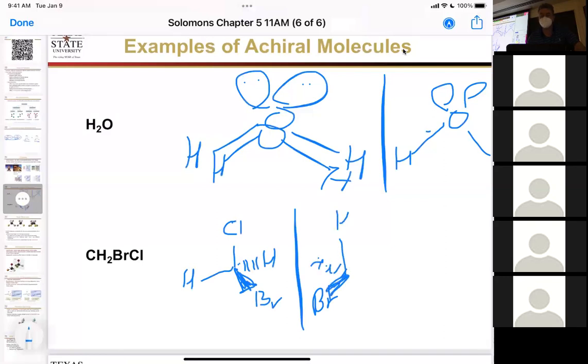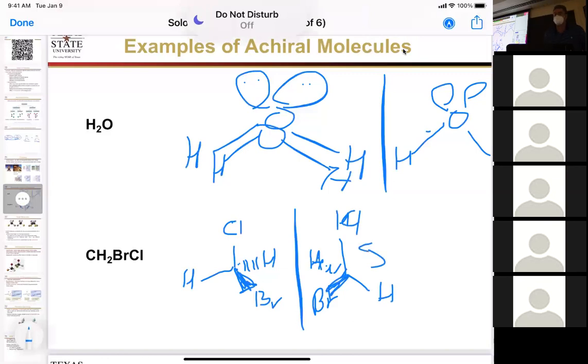We have chlorine up here, and we have hydrogen over here, okay? So we have a mirror image there, but what happens if you rotate this 120 degrees? These two hydrogens line up, the bromine lines up, they all line up. They're superimposable. So it's an achiral object, a non-chiral object.